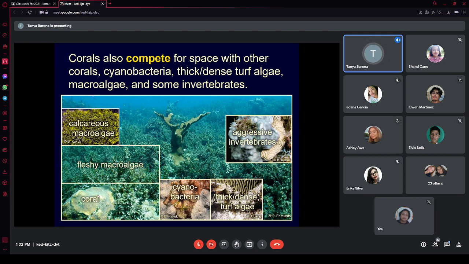So when both of them get bigger, the space becomes less, and one would then outcompete the other coral. Meaning, if they were to touch, one will eventually die, or a portion of it will eventually die, giving space for the more dominant coral to thrive. You also have competition for space with algae.